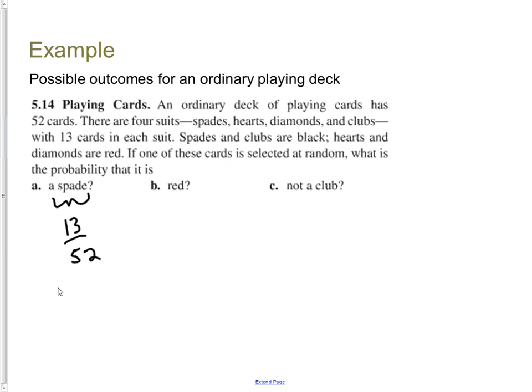If we express that as a probability, we would want to reduce this. Both 13 and 52 are divisible by 13, and so we would say that's 1/4, or the probability would also be expressed as a decimal, 0.25.